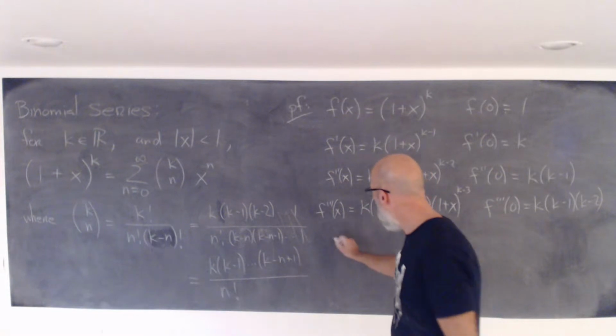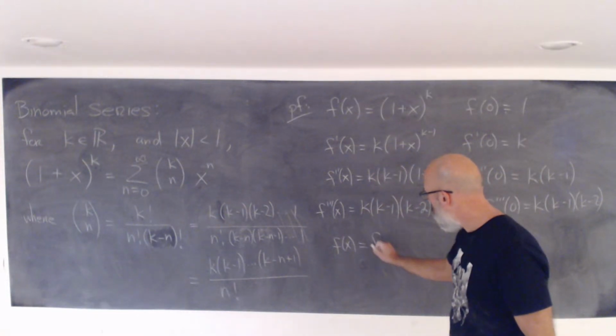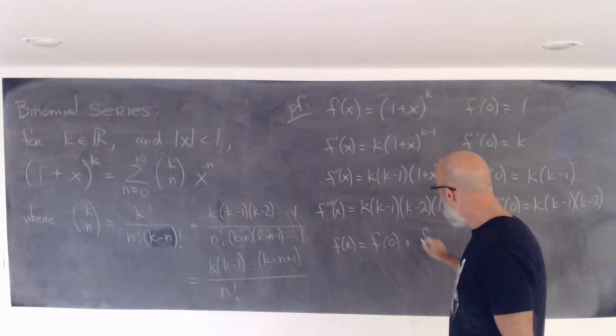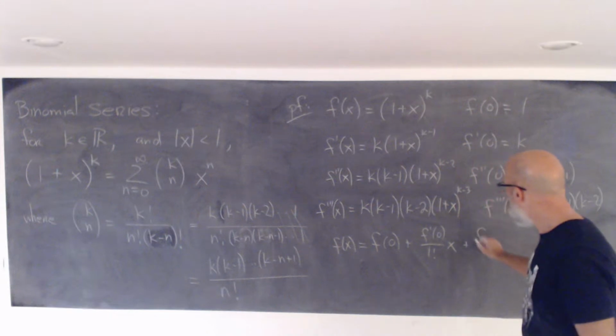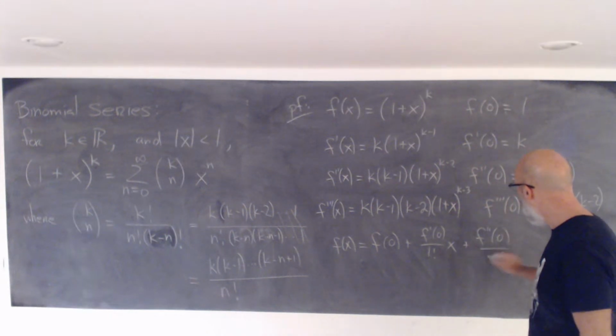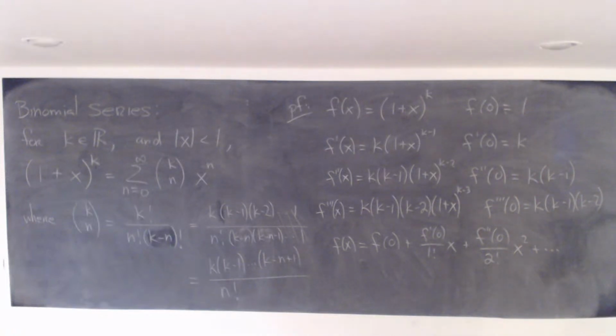So what are we saying? The Maclaurin series of f of x tells us that this is f of 0 plus f prime of 0 over 1 factorial x, second derivative at 0 over 2 factorial x squared, and so on and so on.